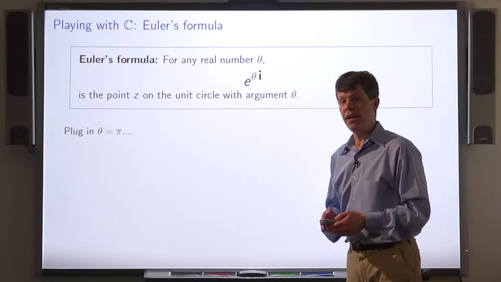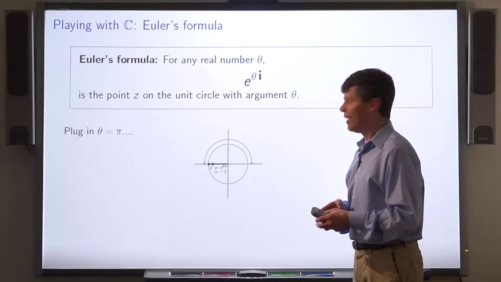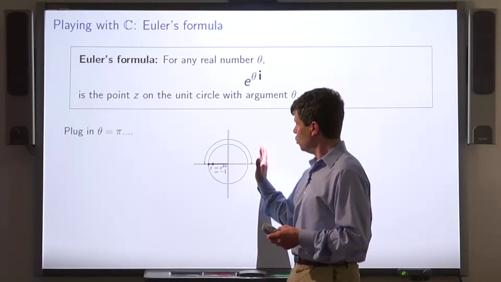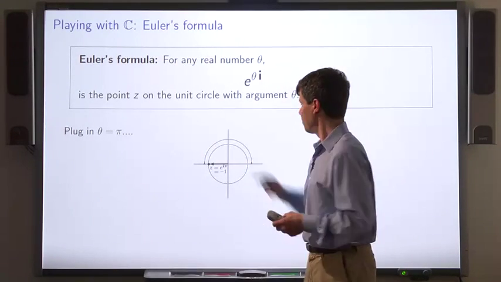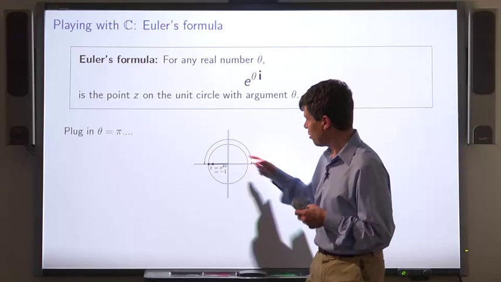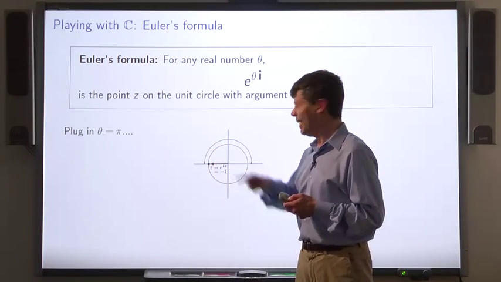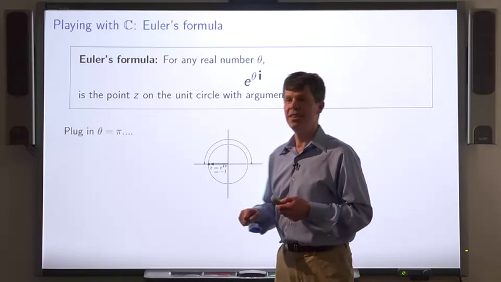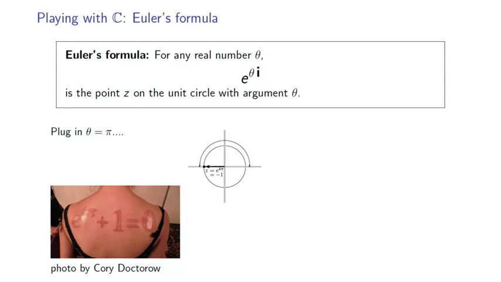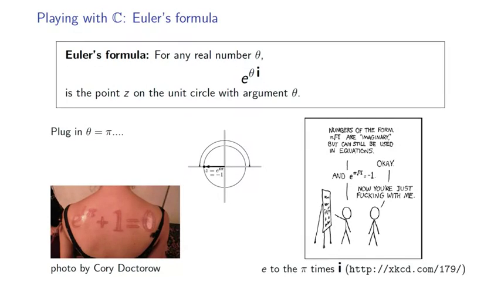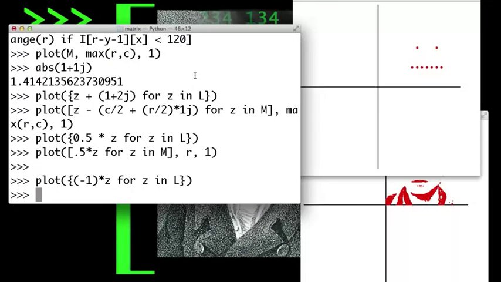If we plug in theta equals pi, that corresponds to an angle of 180 degrees. So the complex number is this one, which turns out to be minus 1. So e to the i times pi is minus 1. Let's form a bunch of complex numbers by plugging in multiples of 2 pi over 20 for theta in Euler's formula.